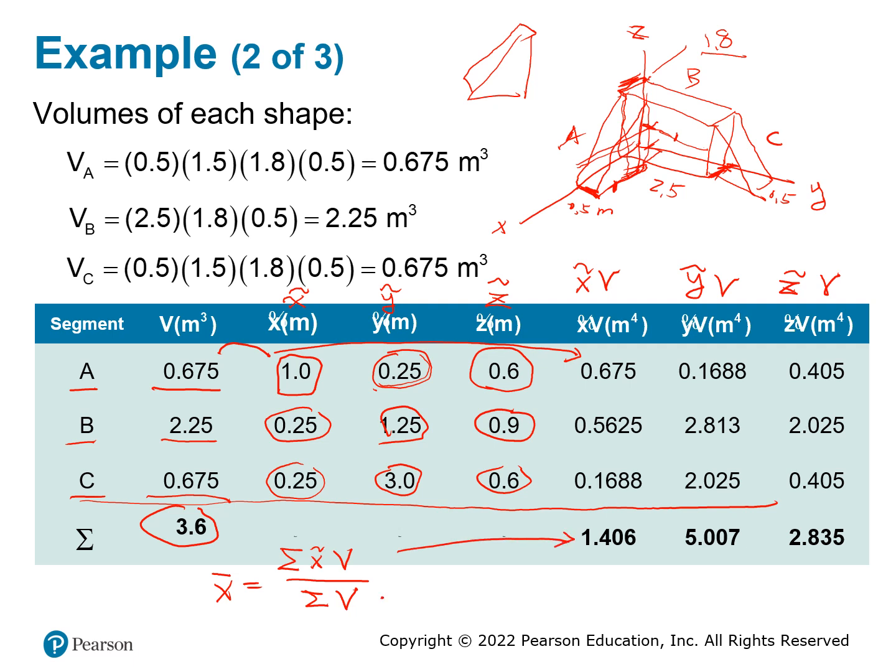And this one is going to be this value. So if you want to find the centroid of the X location, it's going to be 1.406 divided by 3.6. This is meter to the fourth, this is meter cubed, and you're going to find the meter, which is the centroid location of the X. And same thing for the Y, and same thing for the Z.